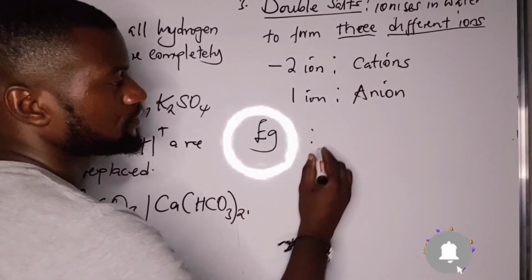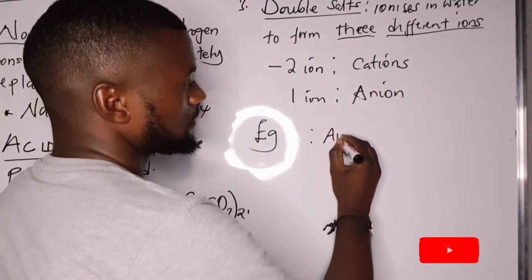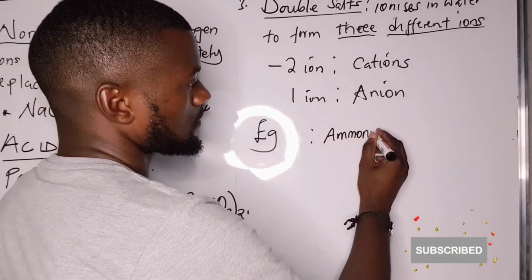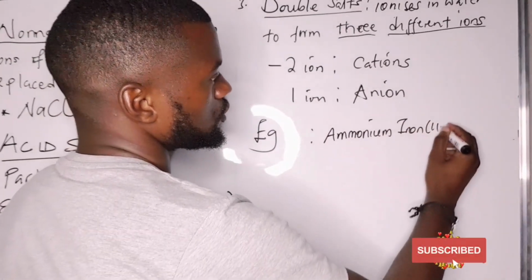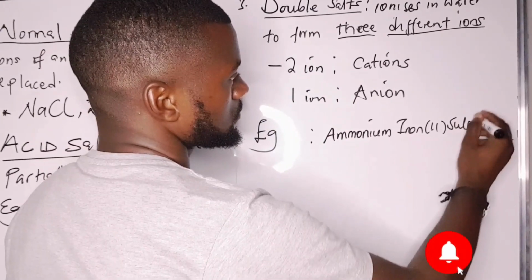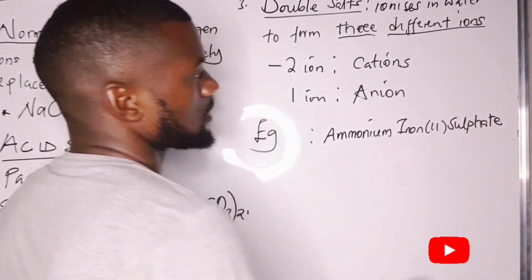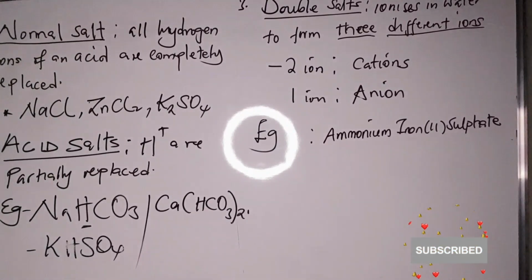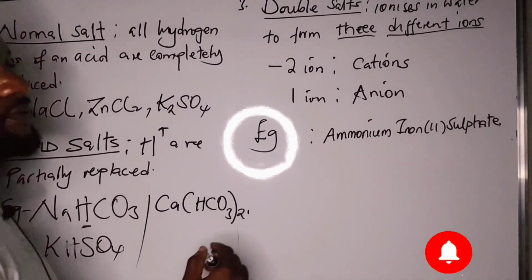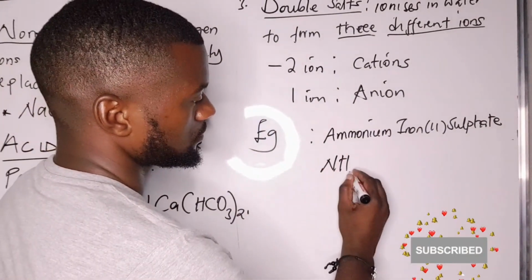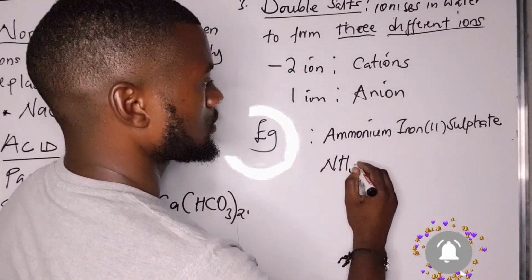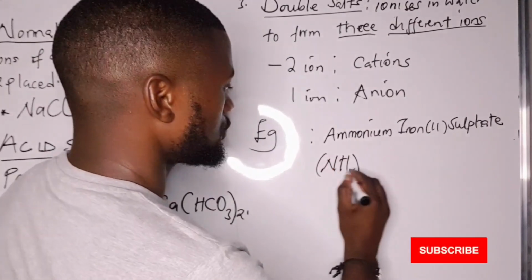For example, ammonium iron 2 sulfate is one of the examples of the double salts.